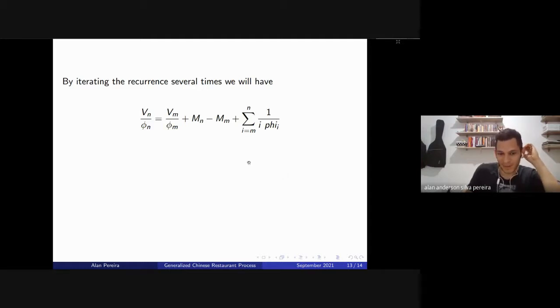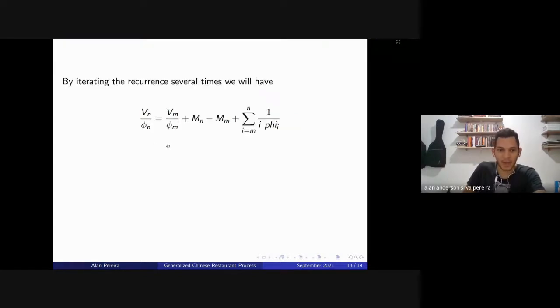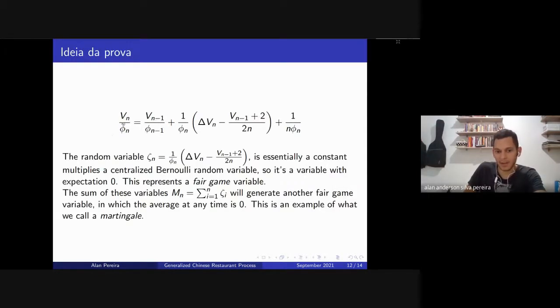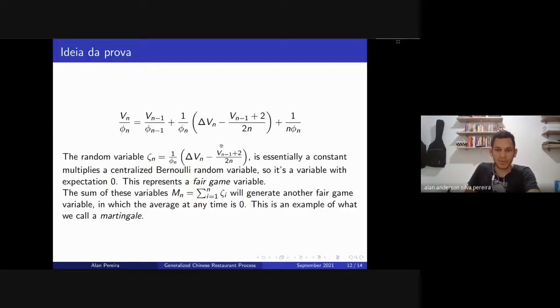What I'm trying to say is we can iterate this many times, so we can choose the point where we start and the point where we finish by this equation. When we do that, we will sum this many times, and we will sum this many times.